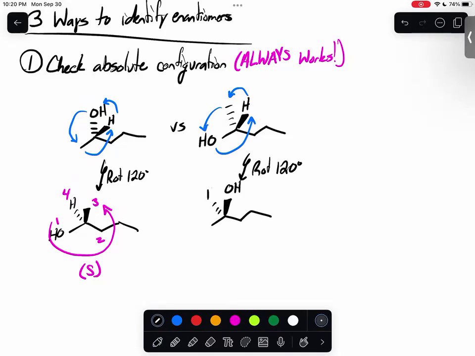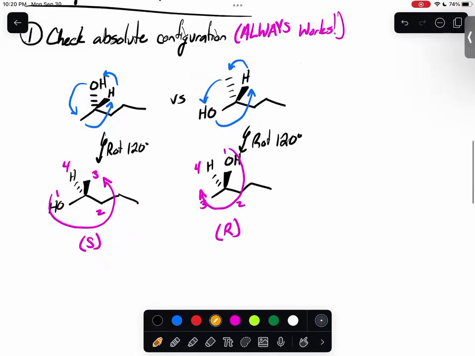So we have this right here. That tells us that oxygen's 1, 2, 3, and 4. It's the same numbering as last time in terms of what has priority. They've just changed positions. So there's our rotation. We can see that as clockwise. So this is R. And as we said before, if these two are opposite, they are enantiomers.